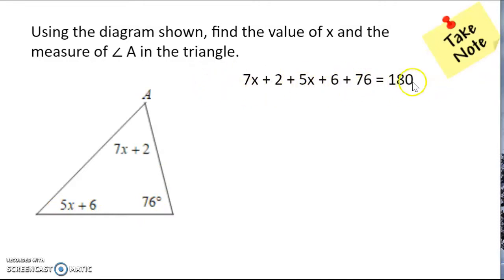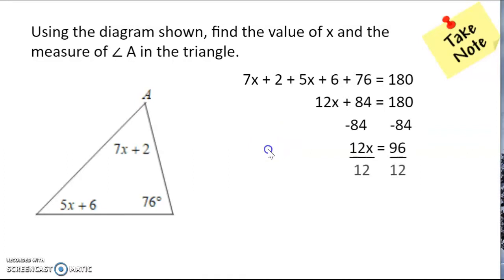So you start with this expression, with the relationship that you know. Then from here, you combine like terms, 7x and 5x becomes 12x, 2 and 6 plus 76 becomes 84. Then you subtract 84 from both sides, and you're left with 12x is equal to 96. Divide both sides by 12, and you get x to be 8.